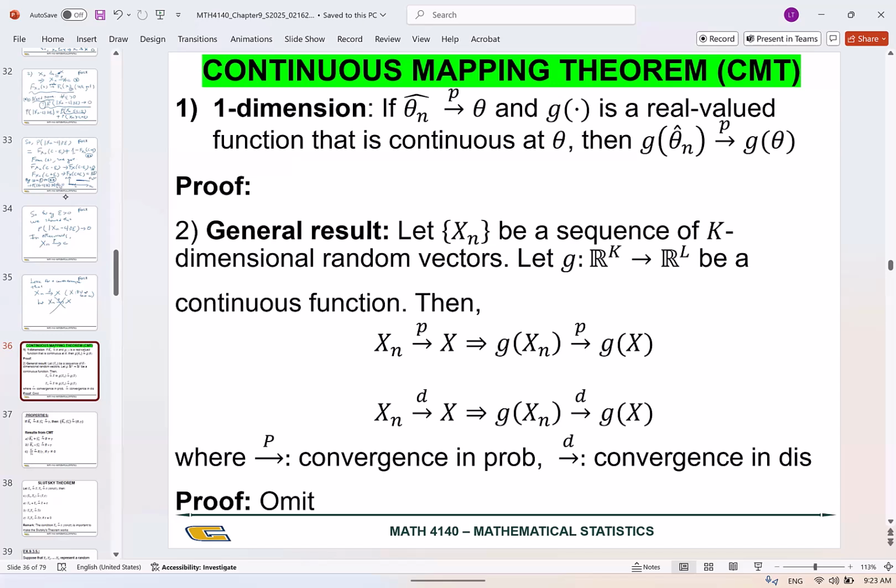Let's look at the proof for the one-dimension case, and why this is the case. If you have theta n hat converging in probability to theta, then g of theta n hat converges in probability to g of theta. Let's look at this simple case first.